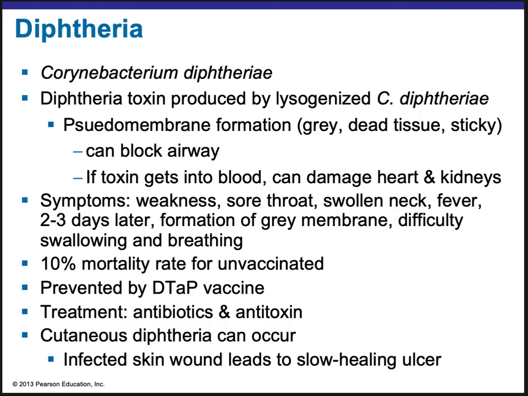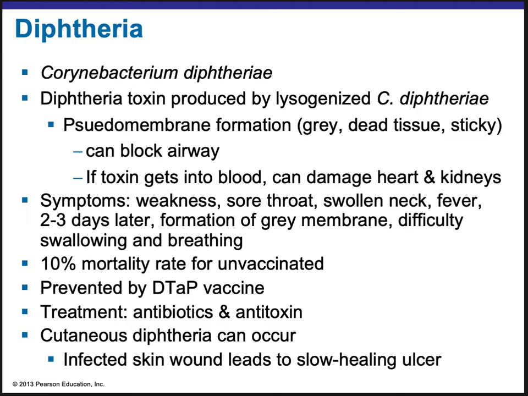We say it's a 10% mortality rate, but that's taking into account adults and children. Children 5 and under actually have a 1 in 5 mortality rate, so a much higher mortality rate. So get that vaccine. Make sure your children get the vaccine. Make sure you get the booster.